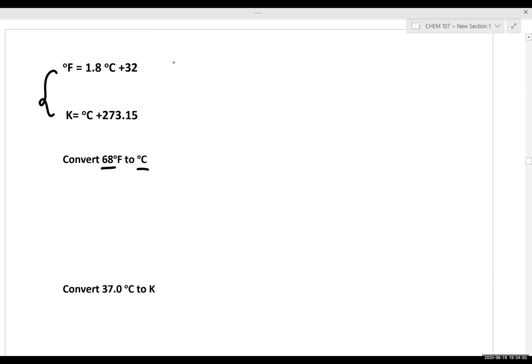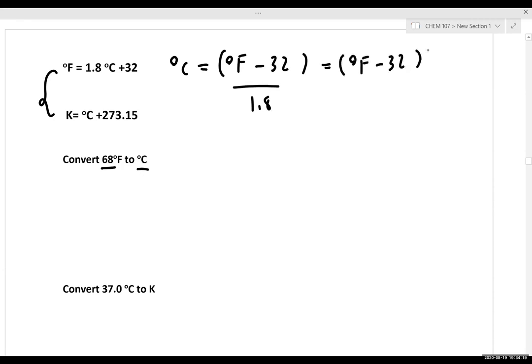In this case, we're going to use our other conversion factor where degrees Celsius is equal to degrees Fahrenheit minus 32 divided by 1.8, which could also be written as degrees Fahrenheit minus 32 times 5/9.